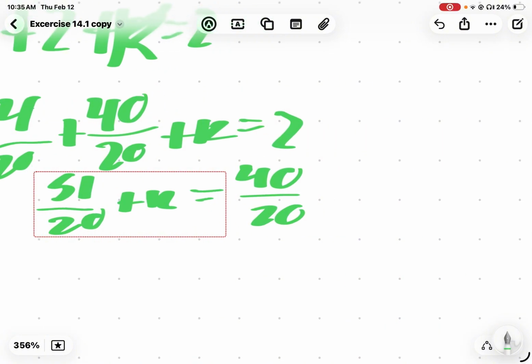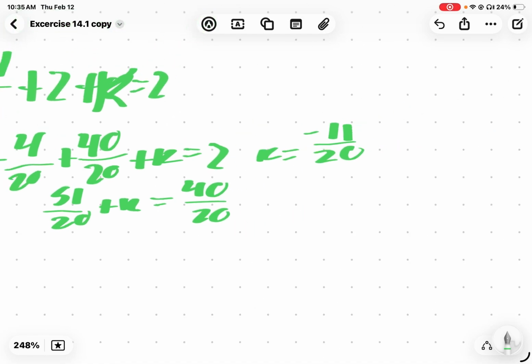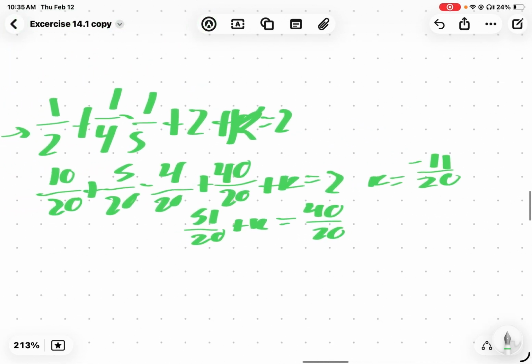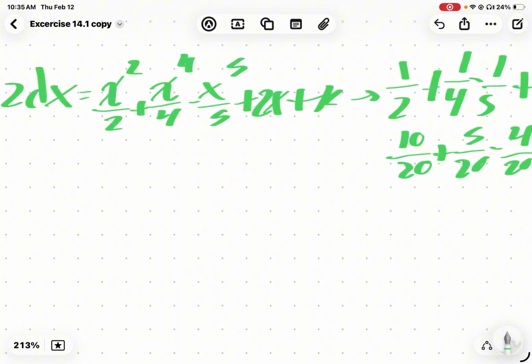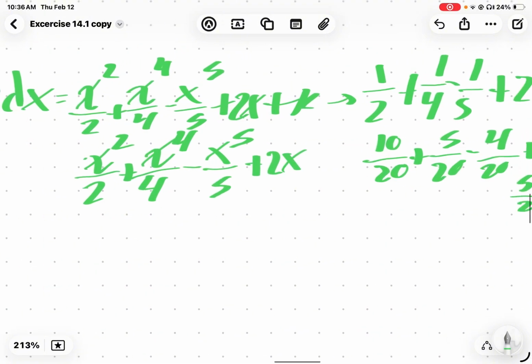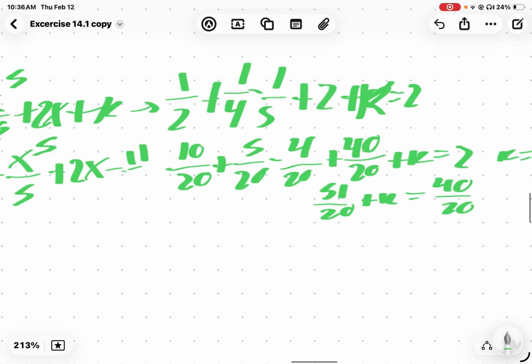So that means that k equals minus 11 over 20. So that tells us that the answer is x squared over 2 plus x to the 4th over 4 minus x to the 5th over 5 plus 2x, and then we have k is negative 11/20.